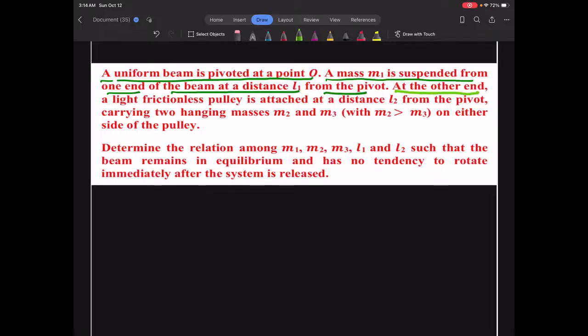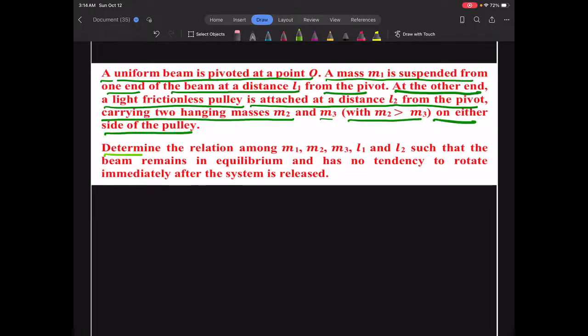At the other end, a light frictionless pulley is attached at a distance L2 from the pivot, carrying two hanging masses m2 and m3, with m2 greater than m3, on either side of the pulley. Determine the relation among m1, m2, m3, L1 and L2 such that the beam remains in equilibrium and has no tendency to rotate immediately after the system is released.